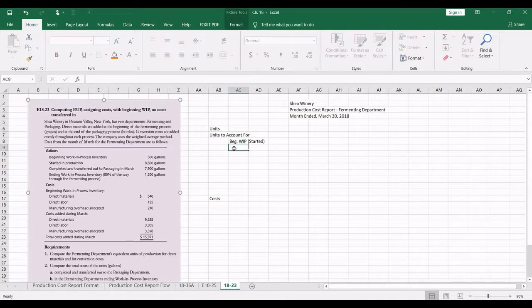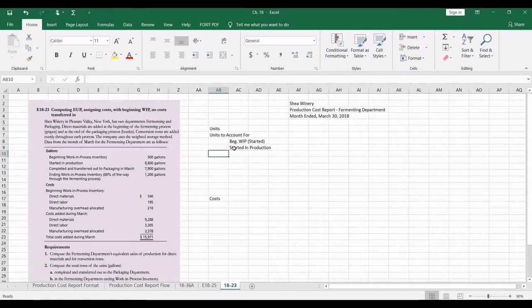Next line, started in production. Okay, that ends that section. I'm going to go ahead and put total units here so we know that's the end of it. Total units to account for. Okay, that's done. Skip down, go to the next one.